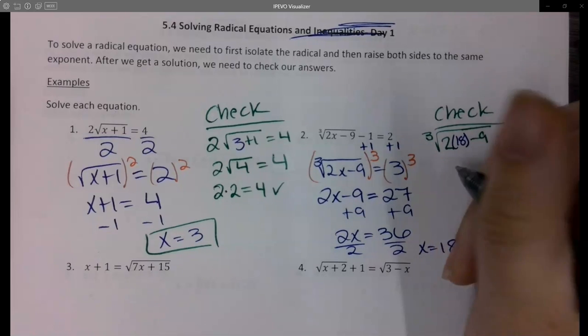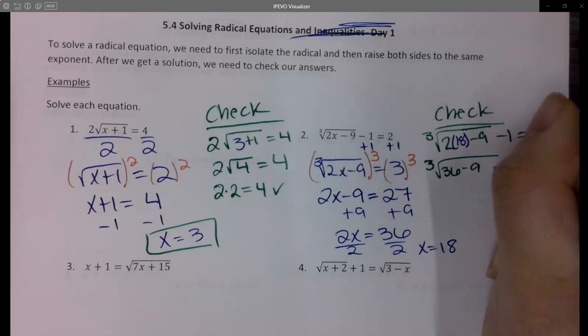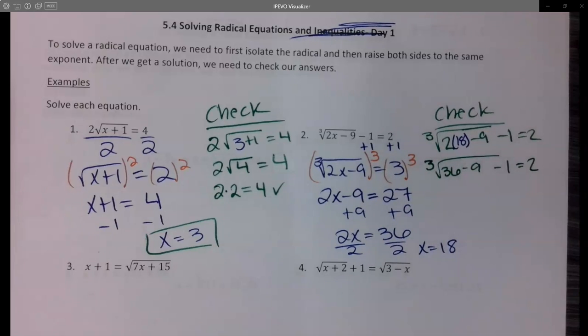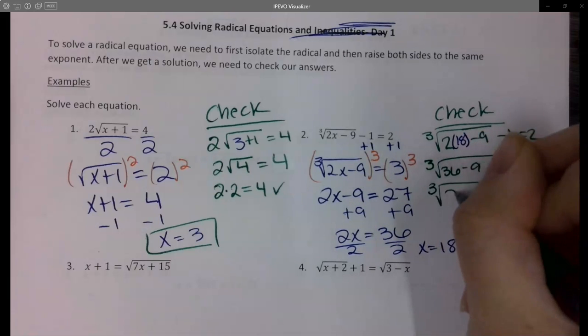So 2 times 18 is 36. Then 36 minus 9 gives me 27.